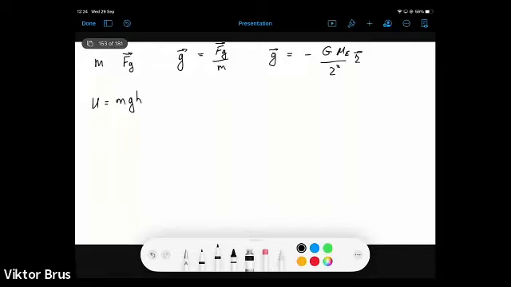However, in the general case, objects can be far away from the surface of the planet, and this g is a function of this distance, this position, radius r. So in order to take this into account, we need to discuss a general case of potential energy of gravitational field.